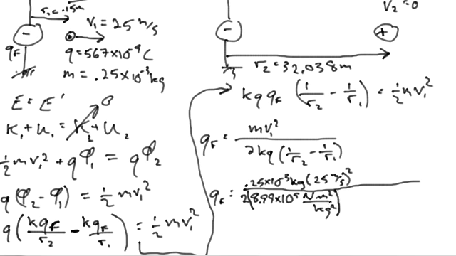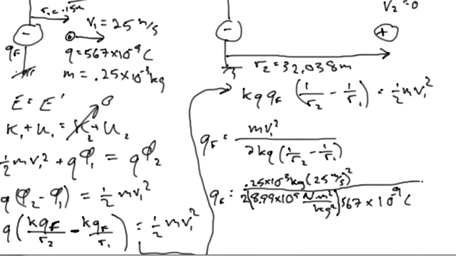Times Q, which, here it is, 567 times 10 to the minus 9th coulombs.